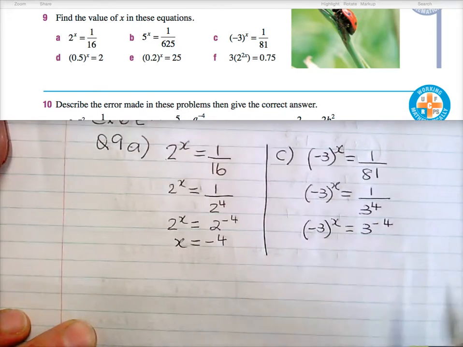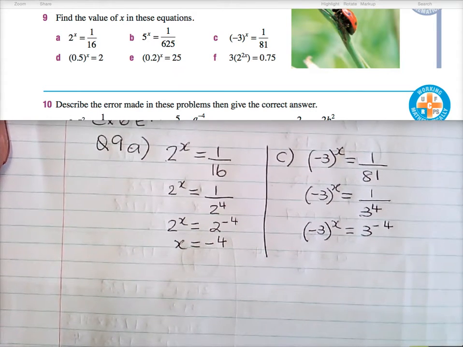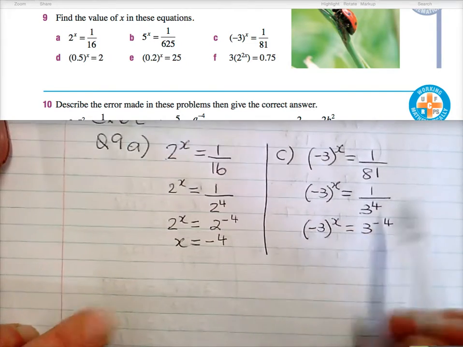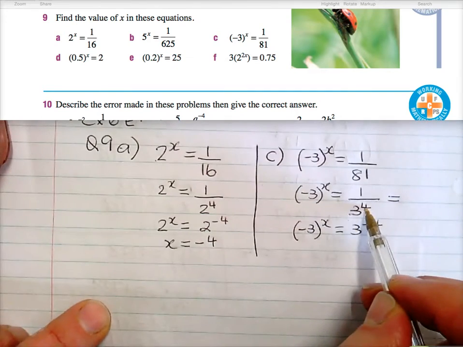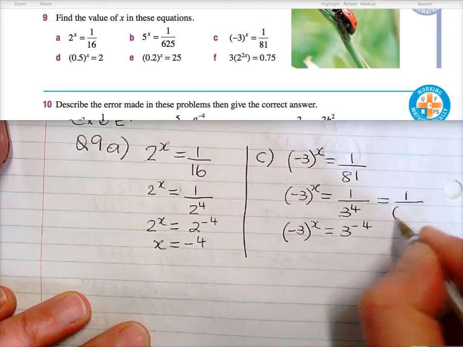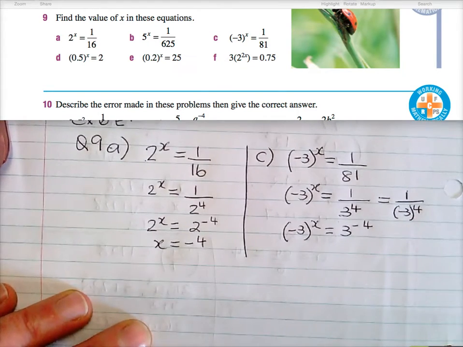Negative 4. Here I've got negative 3, and here I've got 3. Now, girls, 1 over 3 to the power of 4, because that's an even power, isn't that the same as 1 over negative 3 to the power of 4? Do you see that? You would normally not do this.